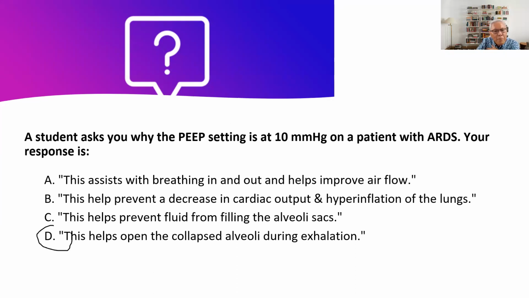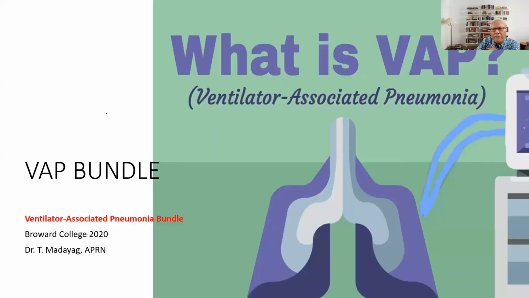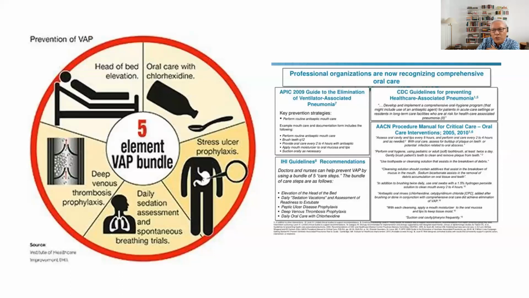It helps to open the alveolar sacs that usually are collapsed, especially during exhalation. And then, of course, we all are familiar with the VAP bundle, the ventilator-associated pneumonia bundle. And of course, this includes interventions to prevent pneumonia. And what are these interventions?